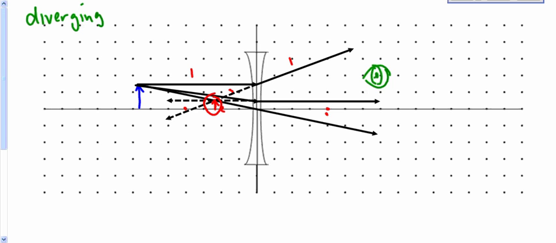Look, it's got some slightly different properties. This time it's upright. Little rule of thumb, upright images are never, ever real. So in this case, it's virtual. Anytime you have to trace rays backwards to where you think they came from, that's what a virtual image is. It is reduced. Images produced by diverging lenses and mirrors are always smaller.